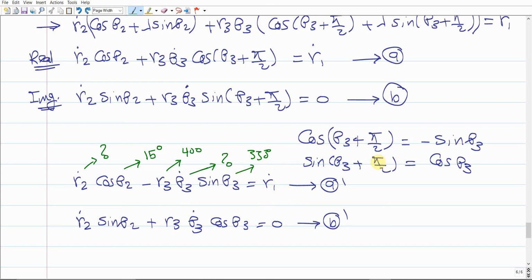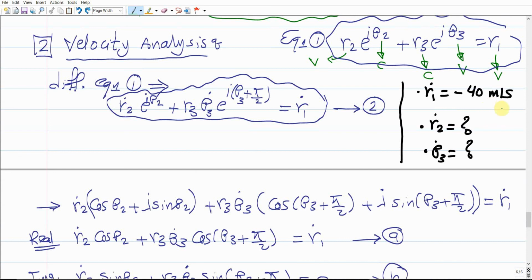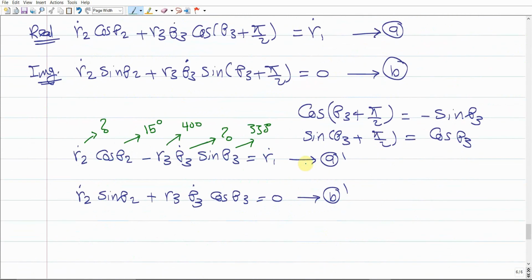R1 dot is negative 40 meter per second, but we're still working in millimeter, so this value should be negative 40,000 millimeter per second. Make sense? So you're going to substitute for R1 dot here. And why are we including this negative? Because it goes in the opposite direction to the R1.